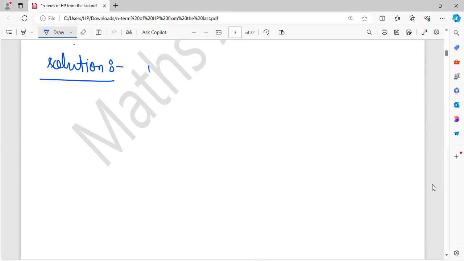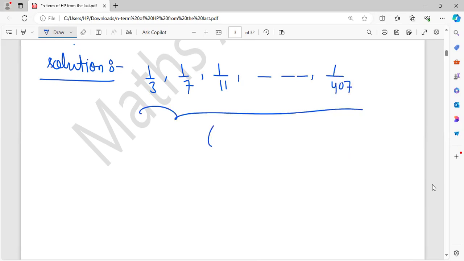So what is the HP? 1 upon 3, 1 upon 7, 1 upon 11 and 1 upon 407. This is HP. What is the corresponding AP?